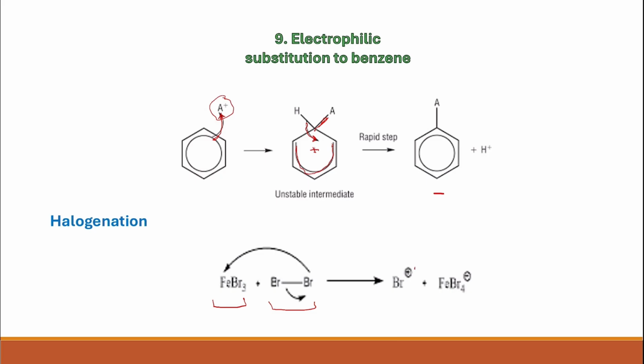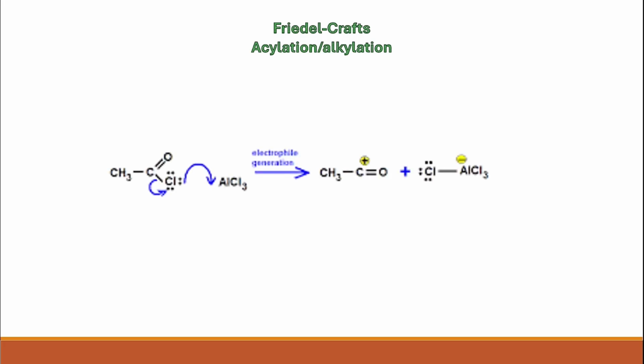And then we have another example, which is the Friedel-Crafts acylation or alkylation. Here we're going to use either an acyl chloride if it's acylation, or we're going to use an alkyl halide in presence of a catalyst, which is the aluminum chloride. In either case, the aluminum chloride will play a role to generate the electrophile.